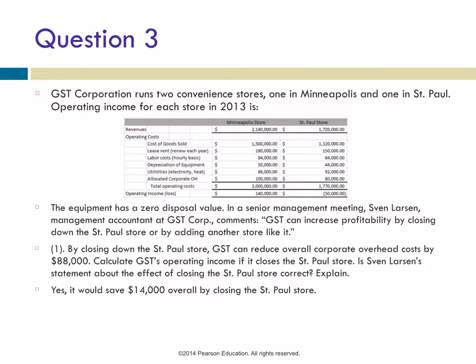Okay, so that's the end of the questions that we're going to look at. There's not too many questions in this chapter that cover material outside of what we're looking at.